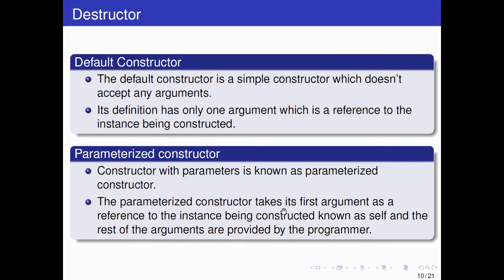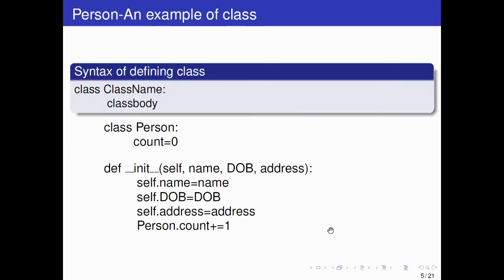The parameterized constructor takes its first argument as a reference to the instance, meaning the object being created, known as self. This is a convention, so we always write self. You may write something else, but by convention we write self only. The rest of the arguments are provided by the programmer. For example, __init__ we have defined here, right?